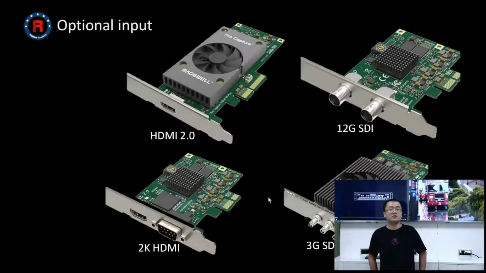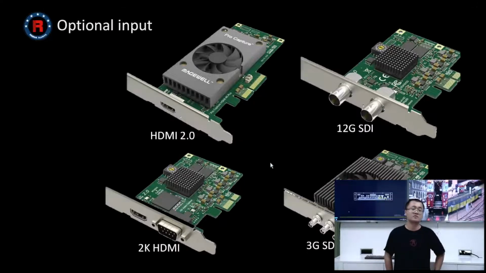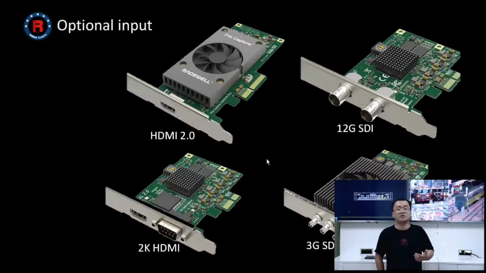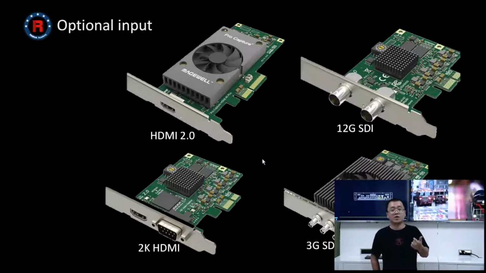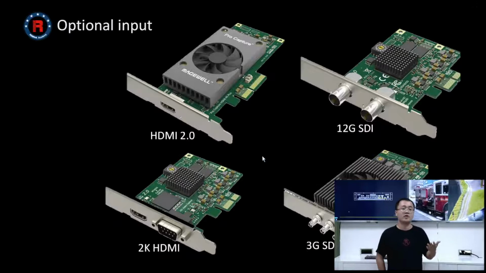For the UMS, we also have many types of optional inputs like our other products. UMS supports several different optional captures, like for 4K real-time content, we have 12G SDI and HDMI 2.0 capture to support 4K.